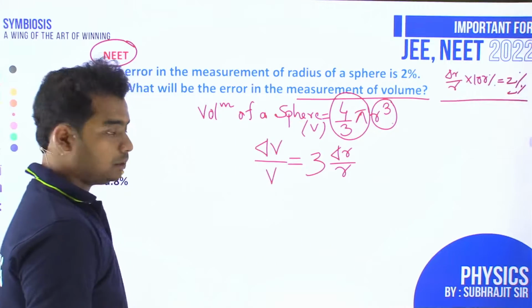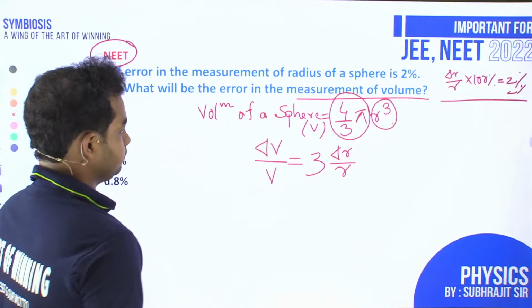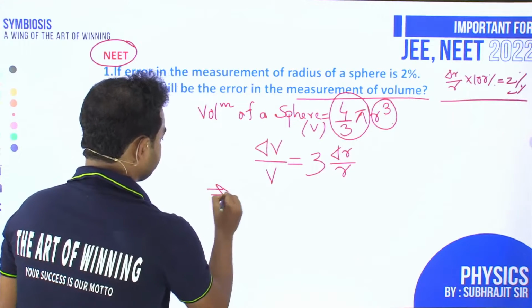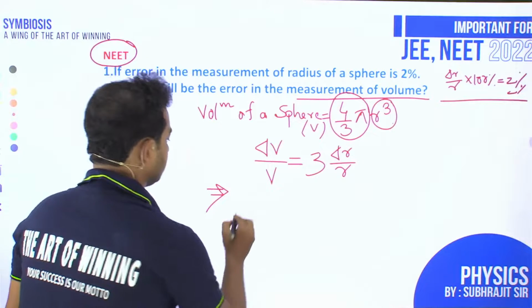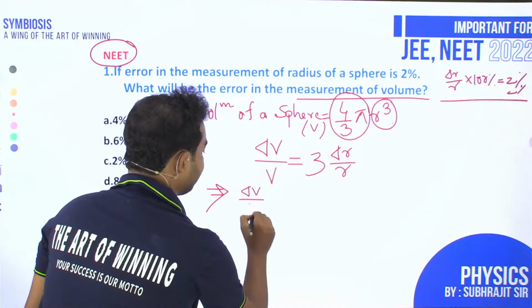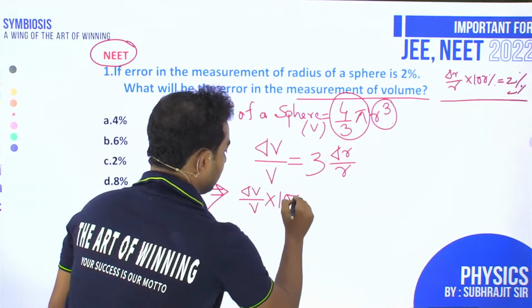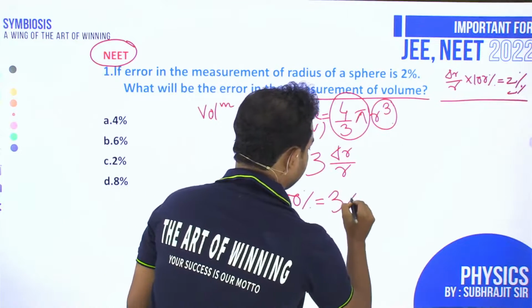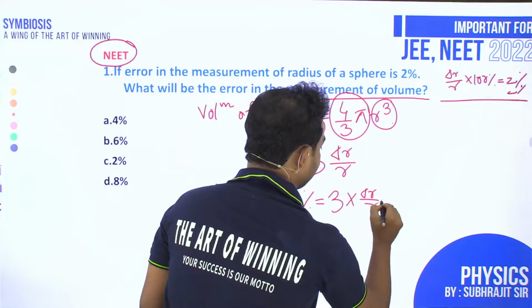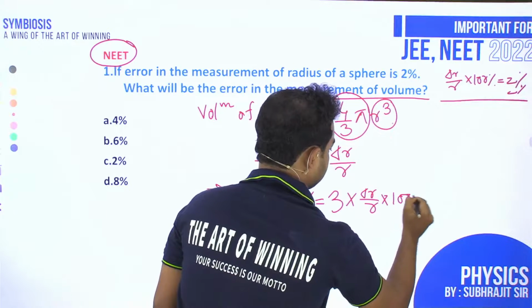So del V divided by V into 100% is equal to 3 into del r divided by r into 100%.